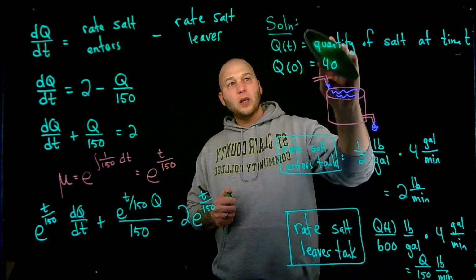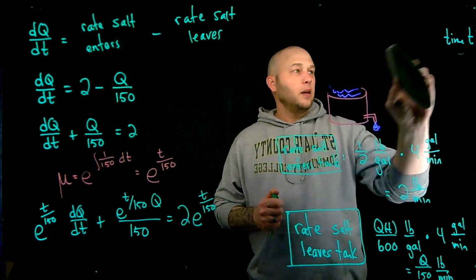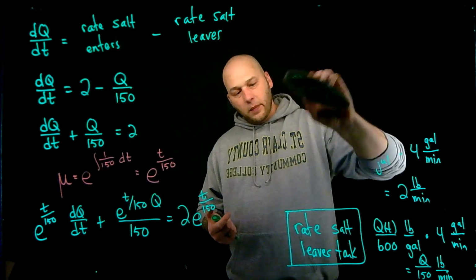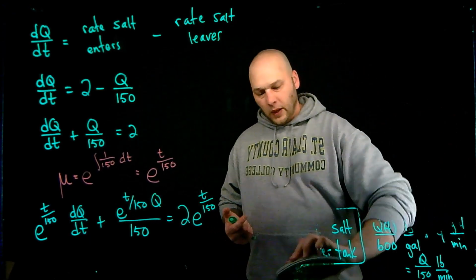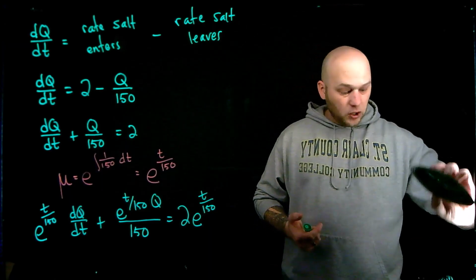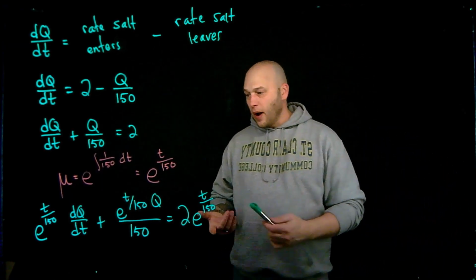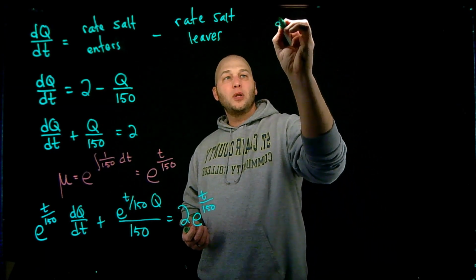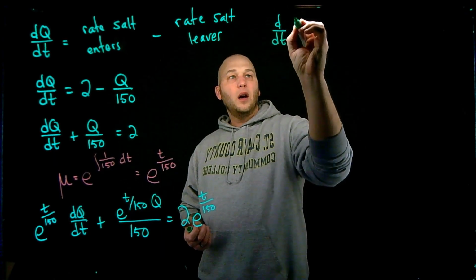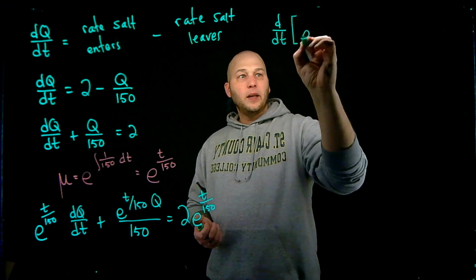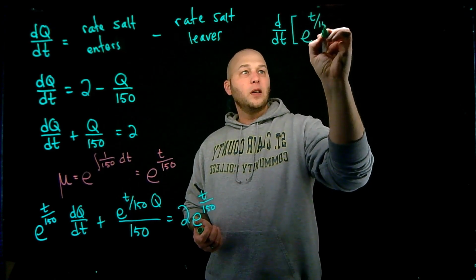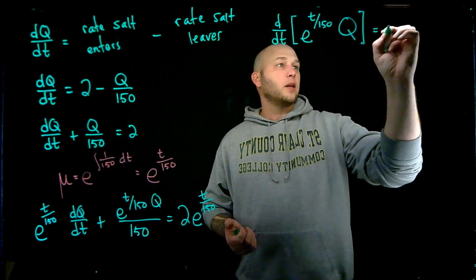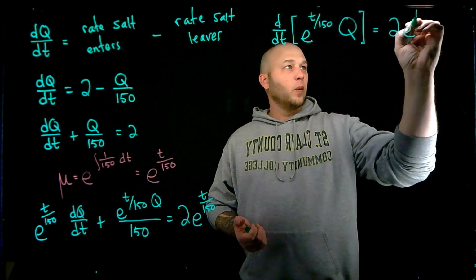And what happens is, just reminding you of how an integrating factor works, the left-hand side becomes the result of a product rule. What I differentiated was the product of the integrating factor and the unknown function, meaning the left-hand side reduces to the derivative of e^(t/150) times Q, and the other side, again, is 2e^(t/150).